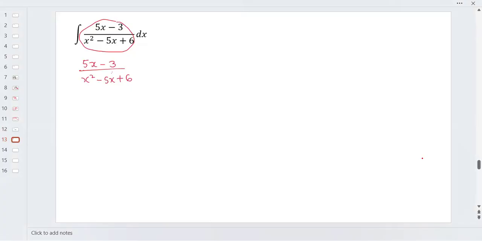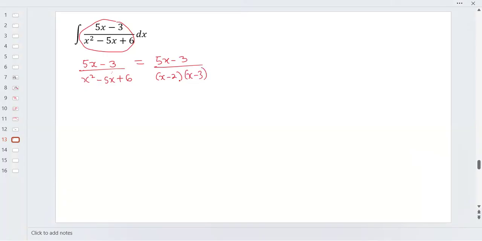Because the approach we use for factorizable denominators is quite different from the one for non-factorizable denominators. If we factorize this denominator, we get x minus 2 and x minus 3. So of course, that means we have a factorizable denominator.